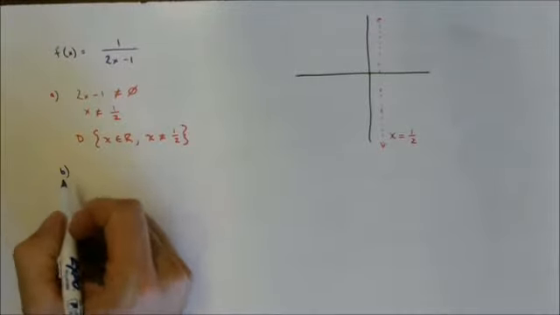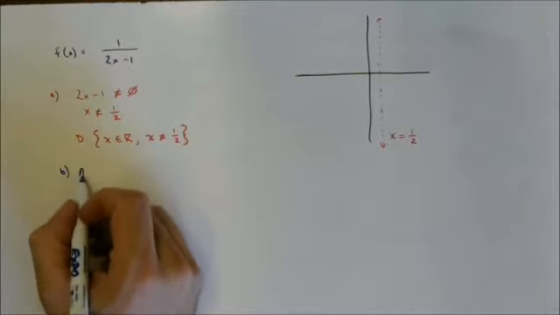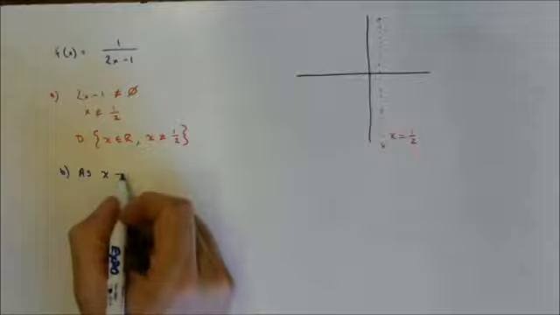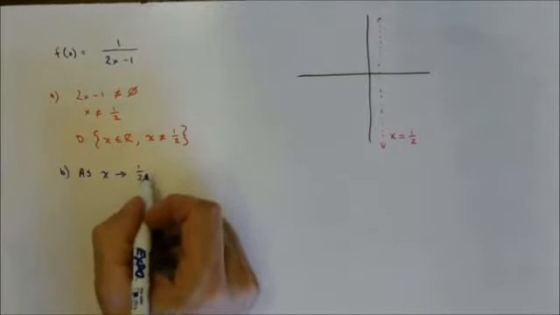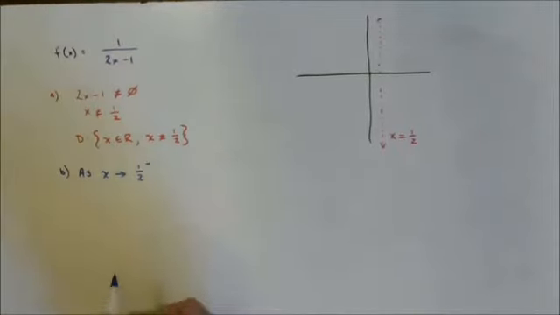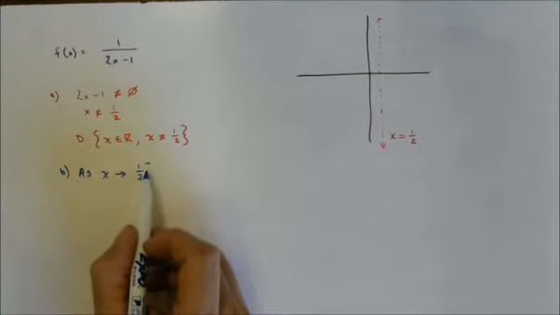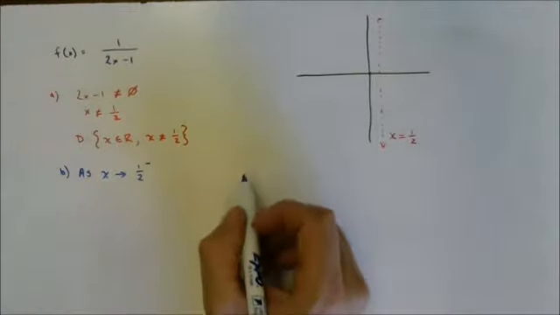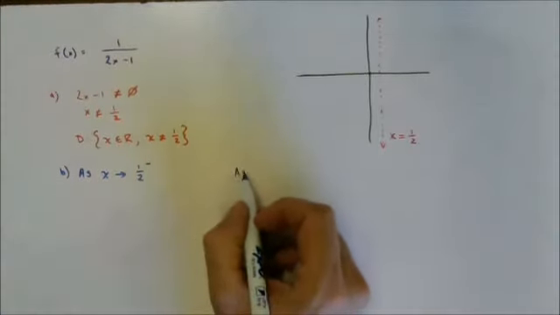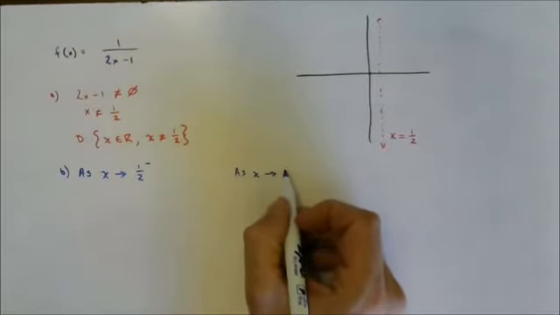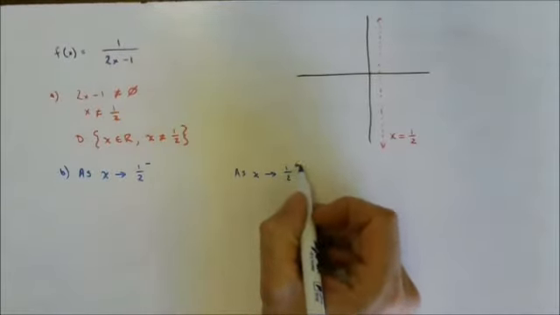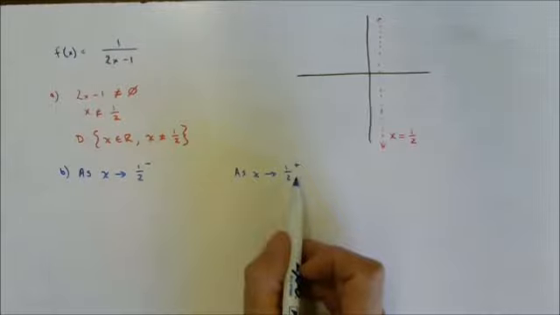In order to do that, we need this language. We need to look at as x approaches 1/2 from the left. That's indicated by a little negative sign. And we're also going to look at as x approaches 1/2 from the right. And that's done by a little positive sign.